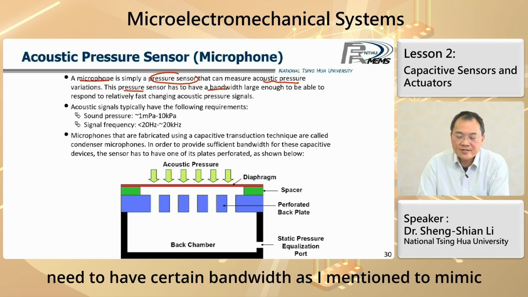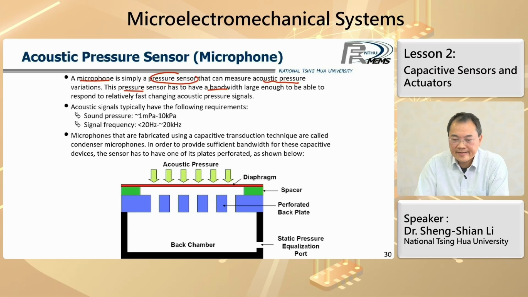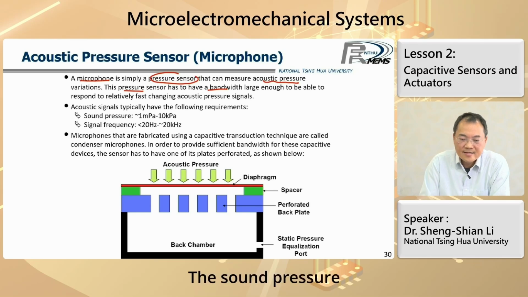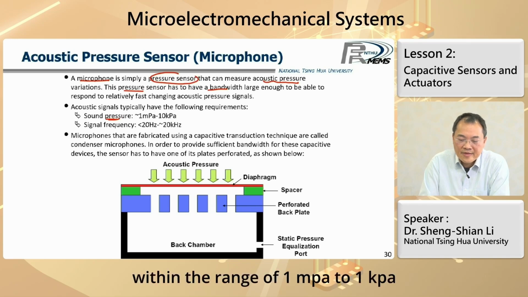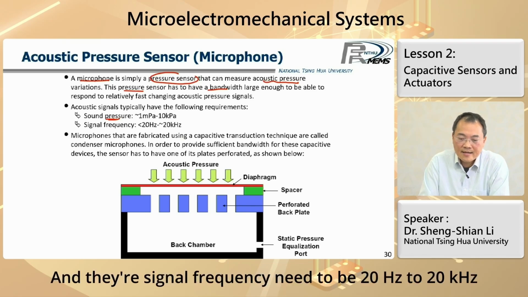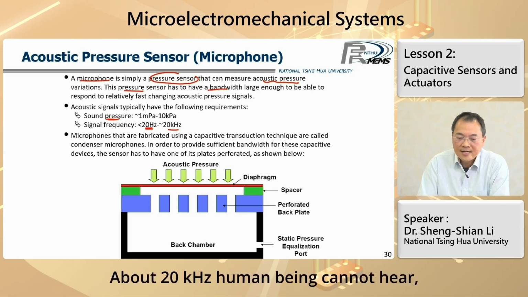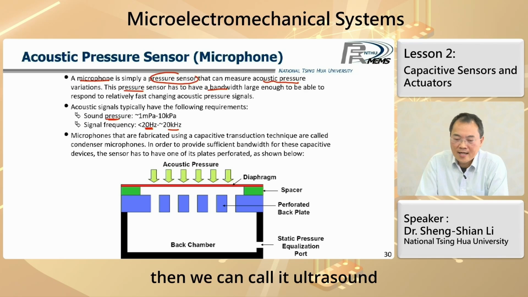Such a pressure sensor needs to have a certain bandwidth, as I mentioned, to mimic our human ears, where the sound pressure needs to be within the range of 1 millipascal to 10,000 pascal. And the signal frequency needs to be 20 Hz to 20 kHz. Above 20 kHz, human beings cannot hear; then we call it ultrasound.